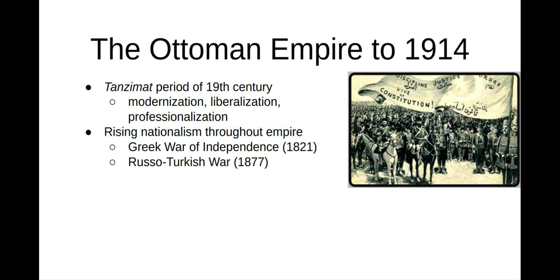The Greek War of Independence in 1821, Greece breaks free from the Ottoman Empire. There's a Russo-Turkish War in 1877. Russia is desiring, and we'll talk a lot about Russia in the next lesson, passage for their navy through the Dardanelles, and this is something which the Ottoman Empire controls.